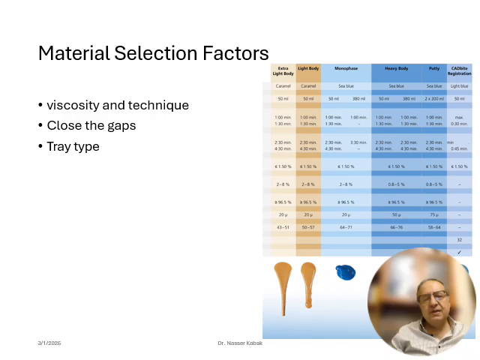The monophase can be used as a single impression material, while the medium viscosity, which is not so hard and not so soft, can be used together with other materials. For the light body, we have light body and we have also extra light body. So we should pick and choose the appropriate types of materials in order to take the impressions without problems.